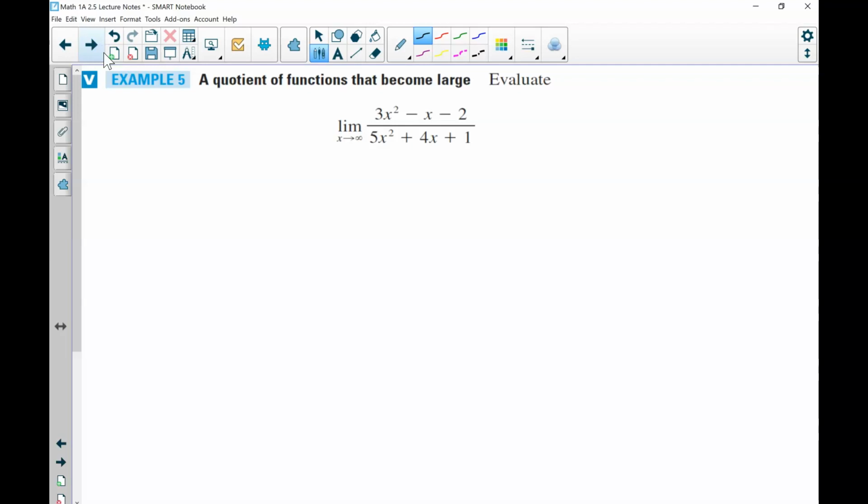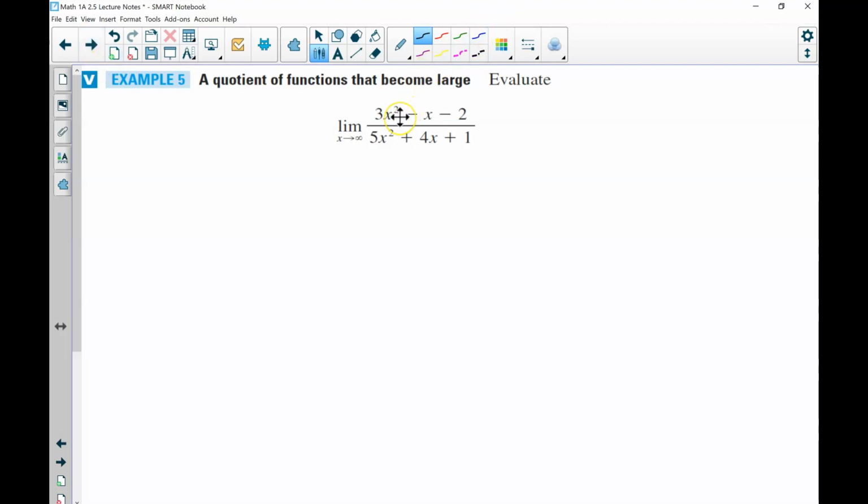Now let's take a look at example number 5. This is a quotient of functions that become large. In this example, we have the limit as x approaches infinity of 3x squared minus x minus 2 over 5x squared plus 4x plus 1.